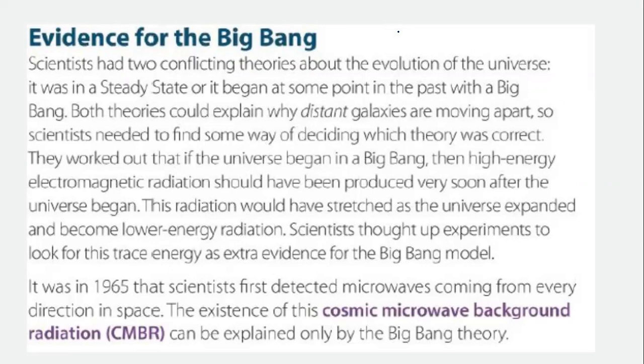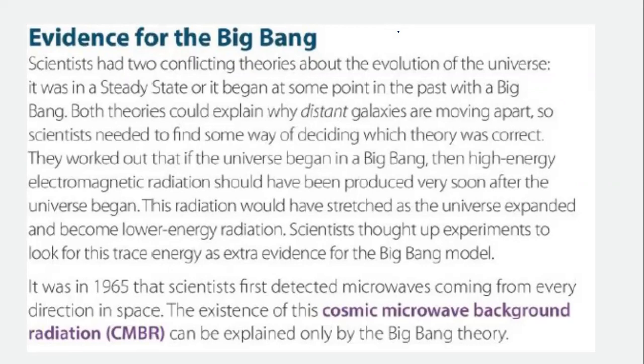They did some calculations and concluded that by now that electromagnetic radiation should have stretched out, and the wavelength should have increased. A red shift should have taken place, and it should have become a low energy radiation.